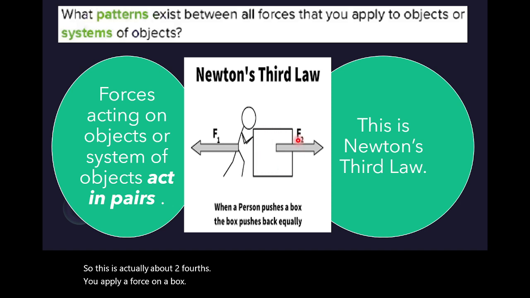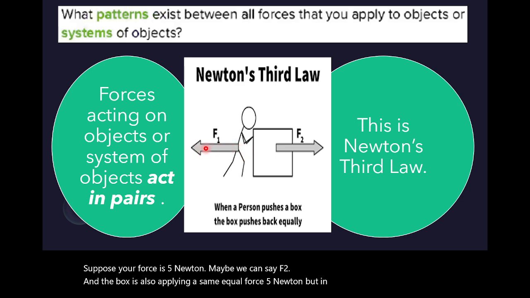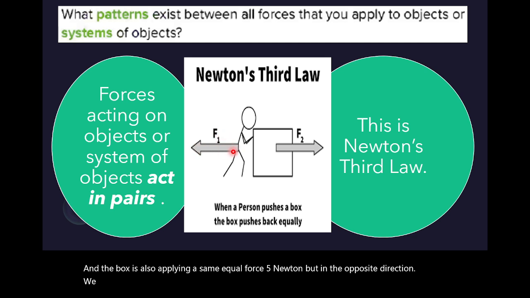Suppose your force is 5 Newton, maybe we can say F2, and the box is also applying the same, equal force of 5 Newton, but in the opposite direction. We can say F1 is by the box on you and F2 is on the box by you.